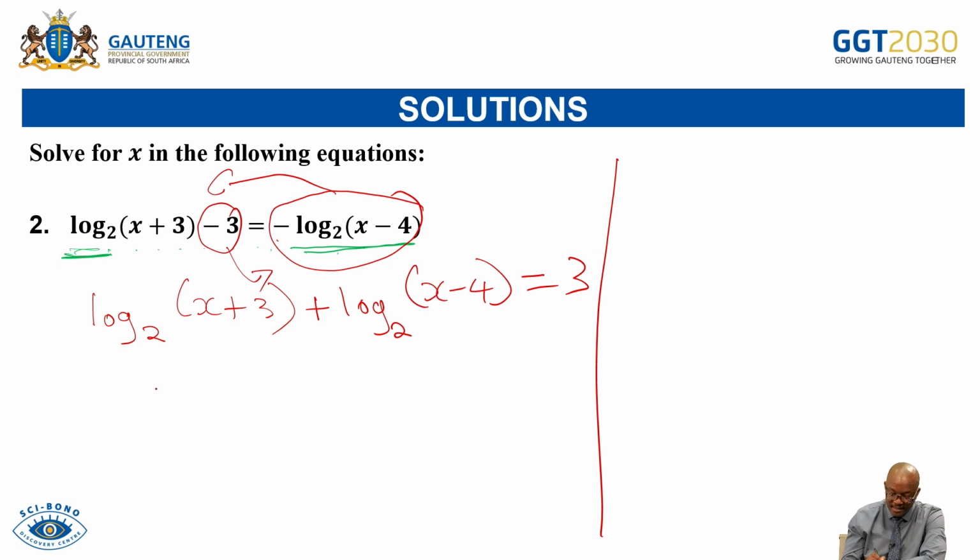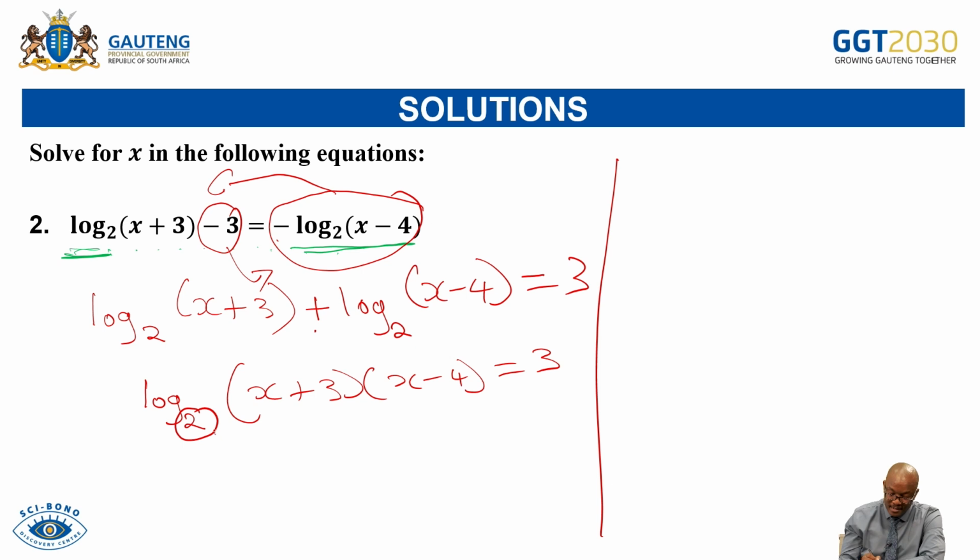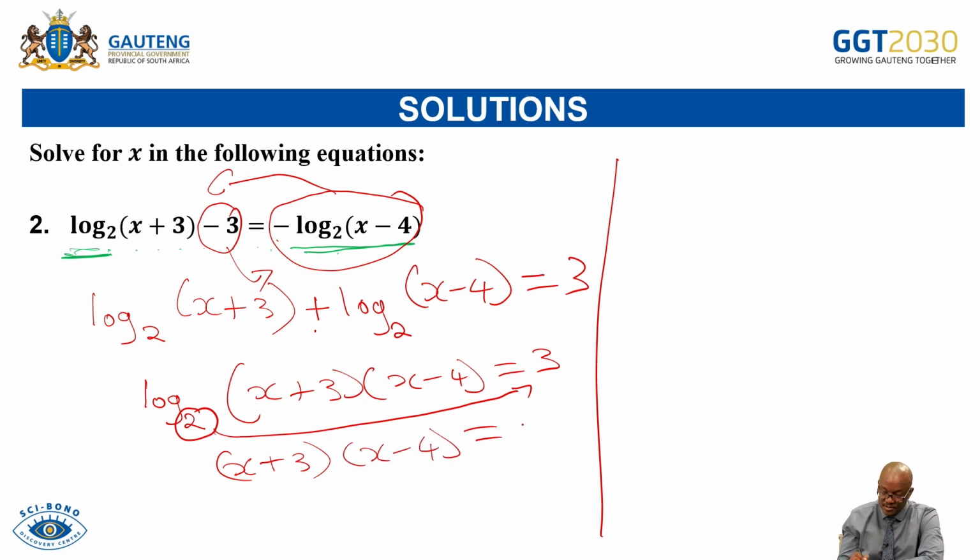Then we can combine them and say log base 2, because there is a plus, they're going to multiply each other. Then we get rid of the log. Then we're going to have x plus 3 times x minus 4 is equal to 2 to the 3.